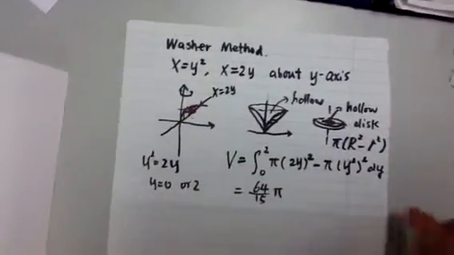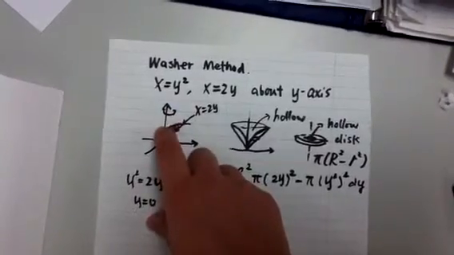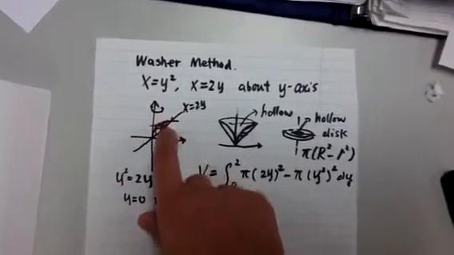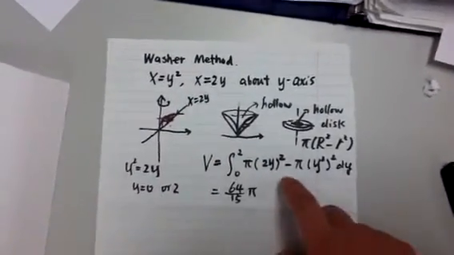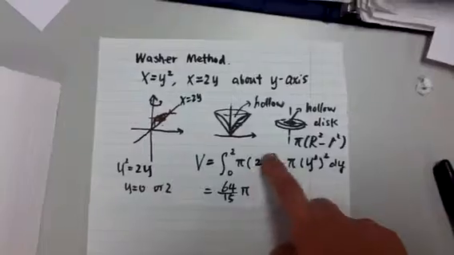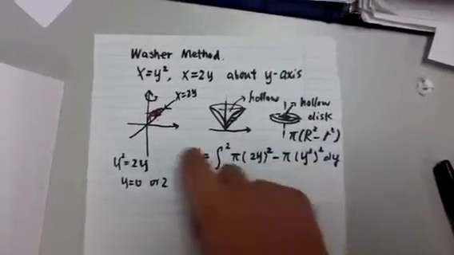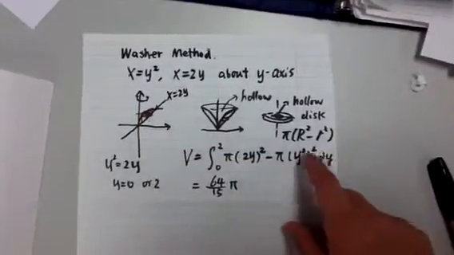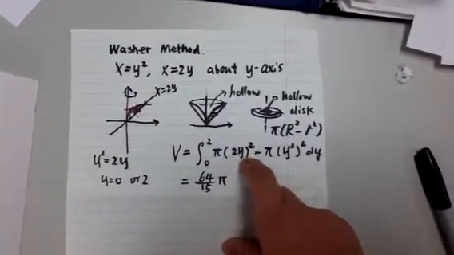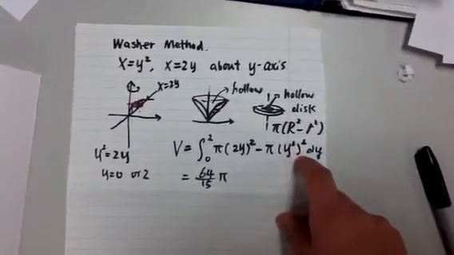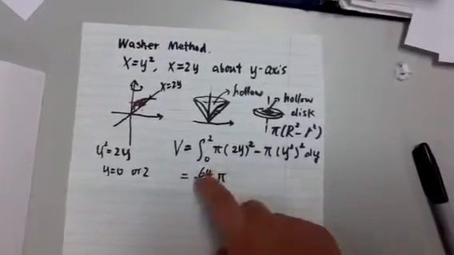So the outside radius is 2y because from the center to this point is the outside function. So the outside function here is a straight line, which is 2y, and you have to square that, subtract the inside radius, which is the curve here, which is just y squared, and square that. This is 4y squared, this is y to the 4th. So in the end, if you integrate this, you will get 64 over 15 pi.